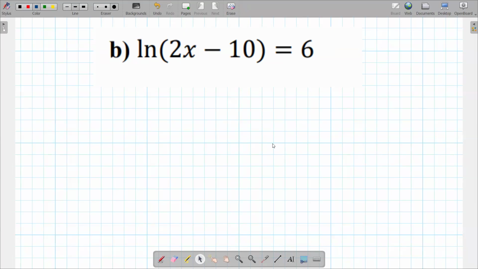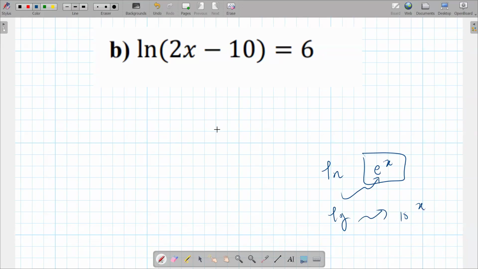It's the same, but the only difference is the base is different. Keep that in mind. What's the base of a ln function? It's e to the power x, okay? Whenever you have a ln question, your base is e. If you have a log question, your base is 10.